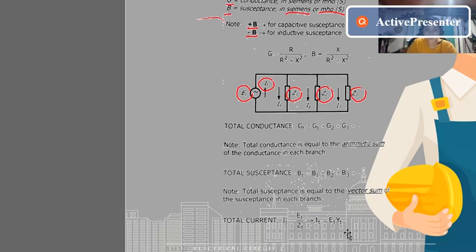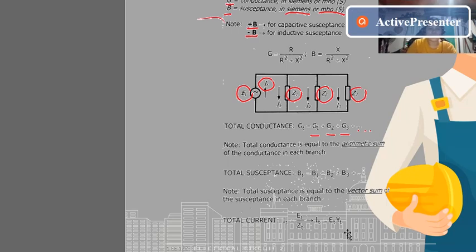Solving for total conductance, GT is equal to G1 plus G2 and G3, and so on and so forth. Take note that our total conductance is equal to the arithmetic sum of the conductance in each branch.